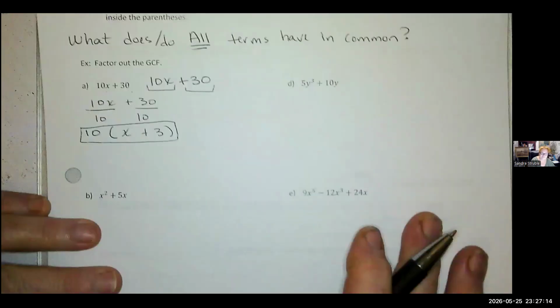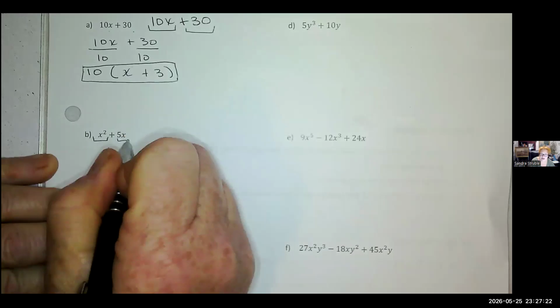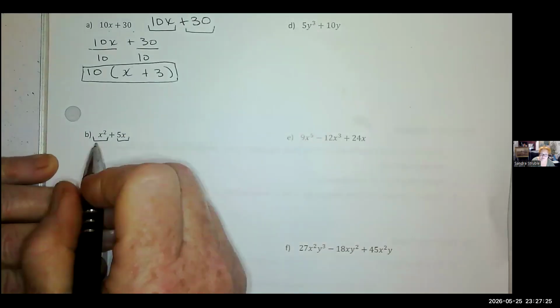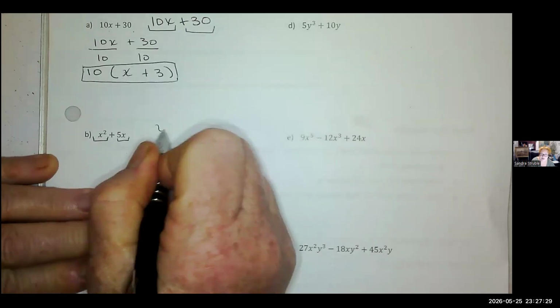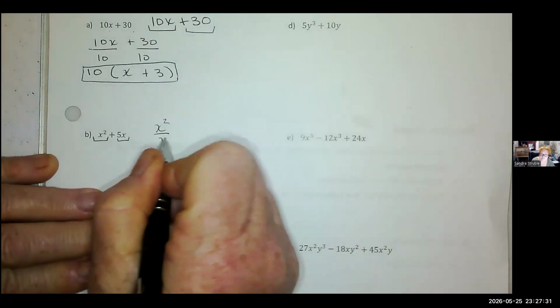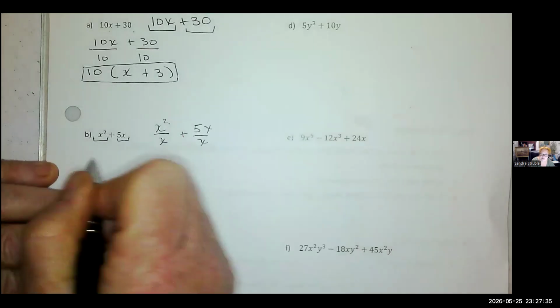Let's look at B. What do these two terms have in common? They both have an x. So I can factor out an x from each one. If you think of it this way, we're dividing both by x. But we're going to write it like this, x, and we're factoring it out.